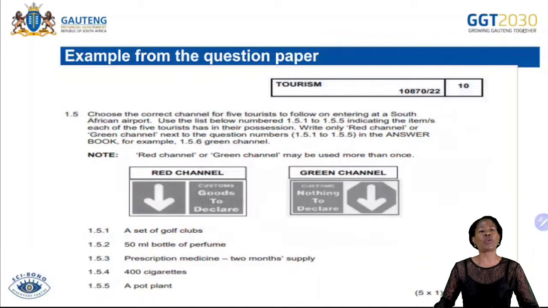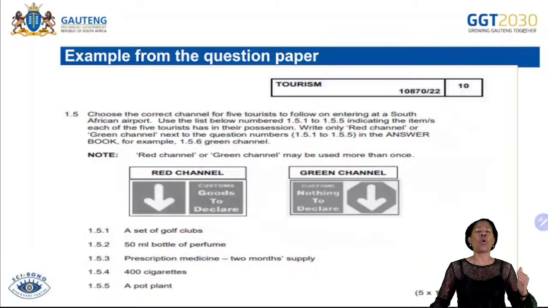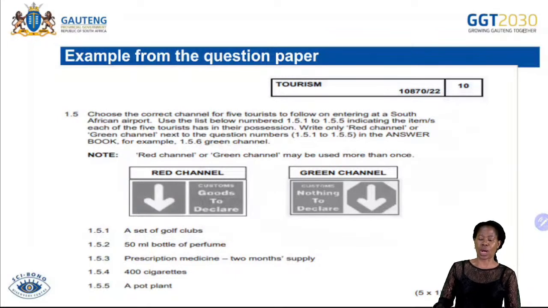Answer 1.5.1, 1.5.2, 1.5.3, 1.5.4, 1.5.5. I've realized this. Most of the learners, they will skip the middle ones. They will write only 1.5.1 and 1.5.5. Please make sure that you read the instruction and then relax and you will be able to answer.